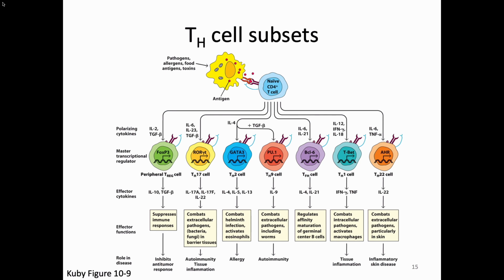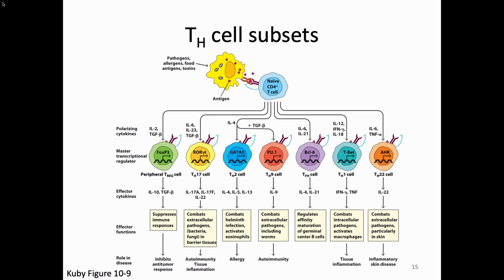GATA3 allows them to transcribe IL-4, and then they can turn on eosinophils and mast cells to combat extracellular parasites. We talked about Th17. Th17s receive an inflammatory cytokine like IL-6 along with TGF-beta. This makes them turn on the transcription factor ROR-gamma-T, which tells them to make IL-17. This is really useful in turning on neutrophils to combat extracellular pathogens.